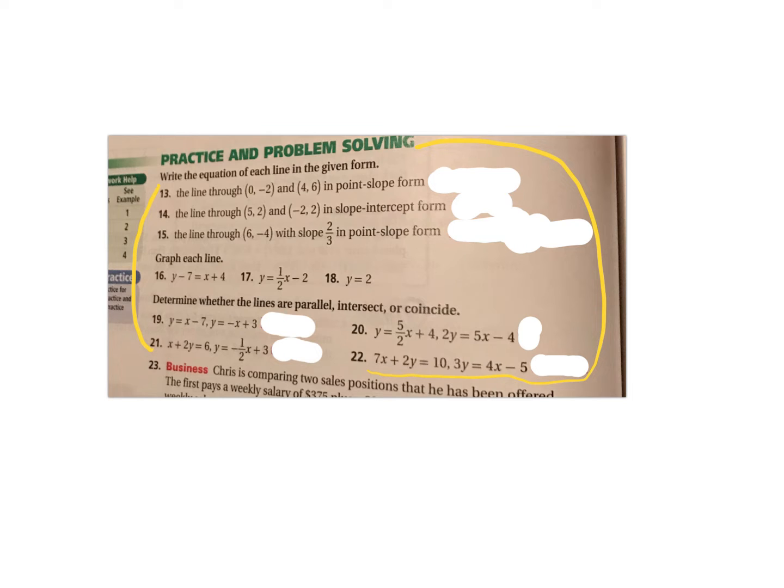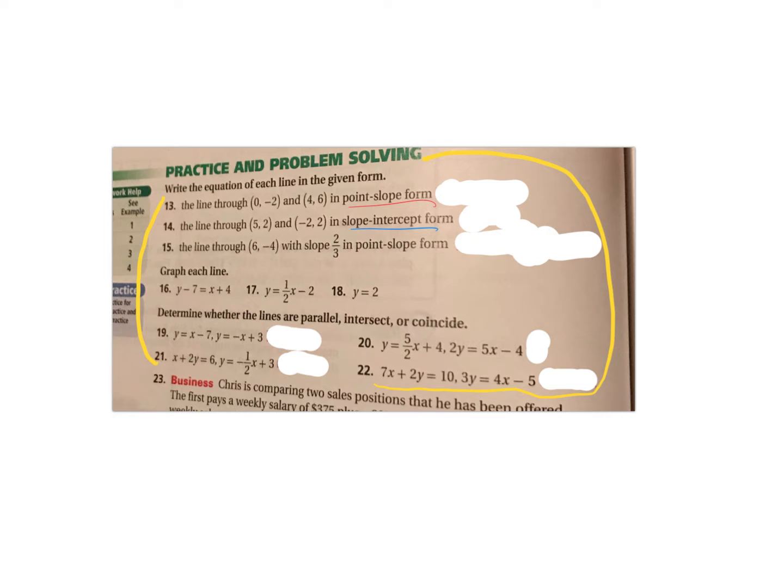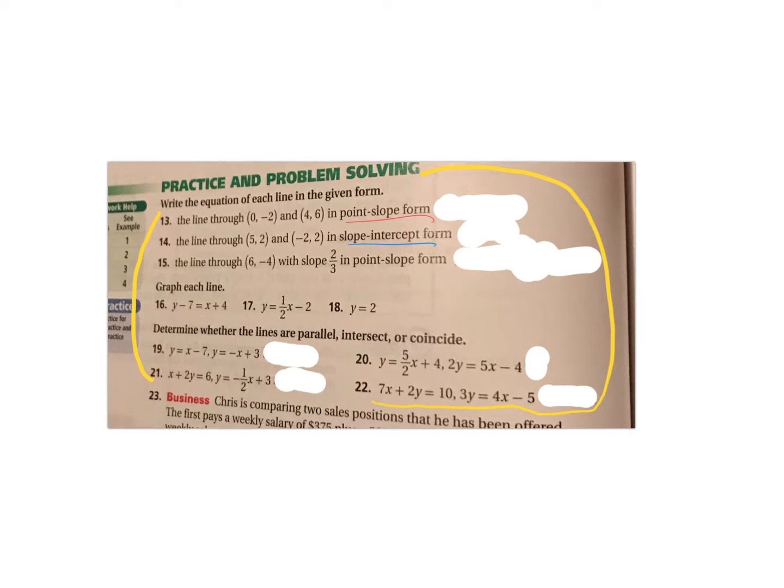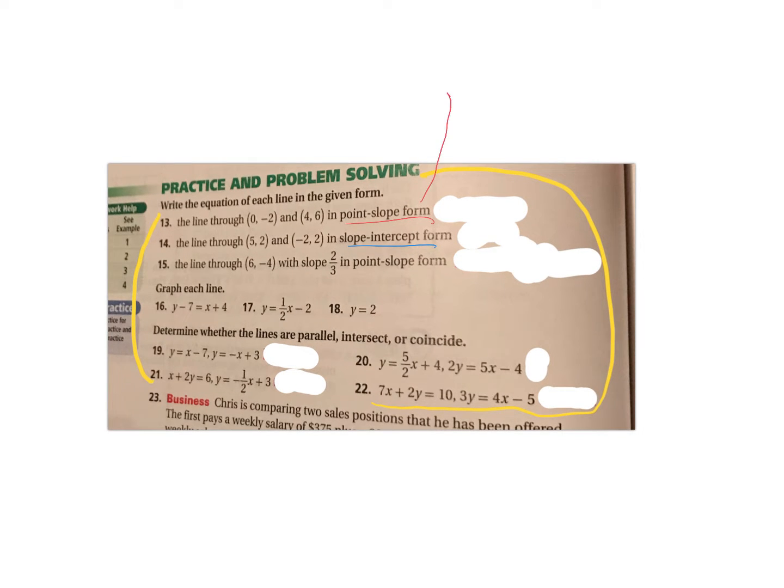First of all, we want point slope form. They also mentioned something called slope intercept form. So I'm going to represent those two forms right away because we need to be clear about what that is. Point slope form is y minus y1 equals the slope times x minus x1.